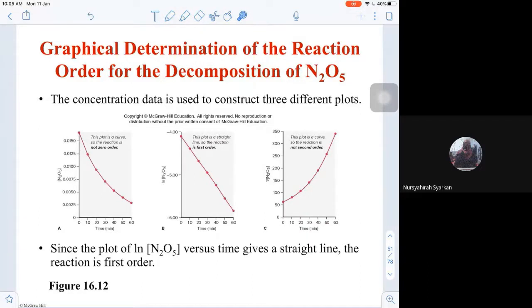Abdul Azim, what is the conclusion that you can make from the first graph, Azim? The concentration reduces over time, and the plotted graph is a curve.